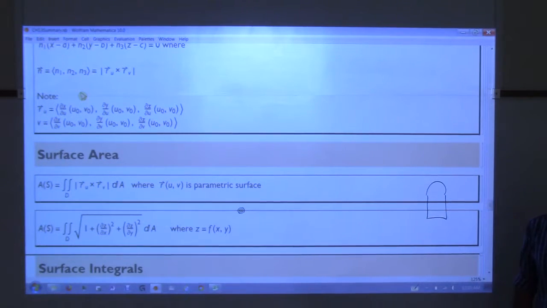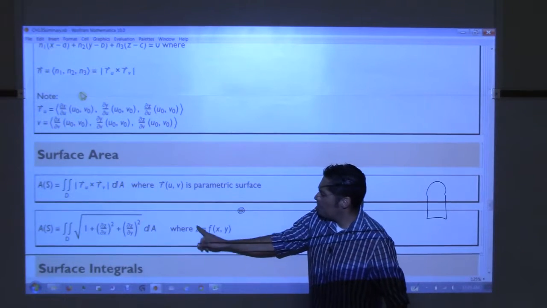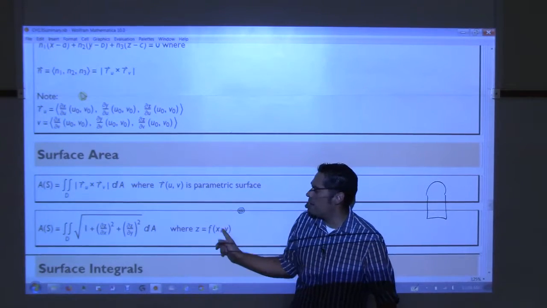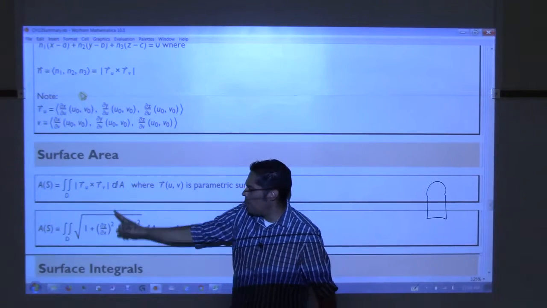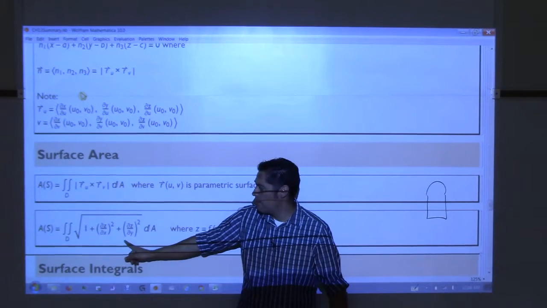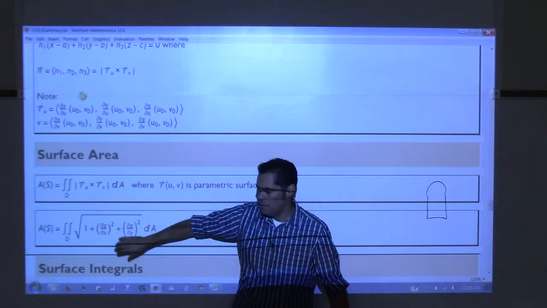Now, one more thing: if this vector function can be written with z as a function of x and y, then this formula simplifies to this, which is an easier thing to compute. That's where we ended last class.